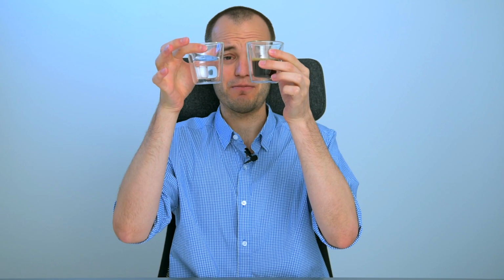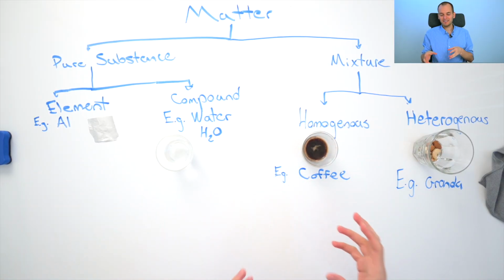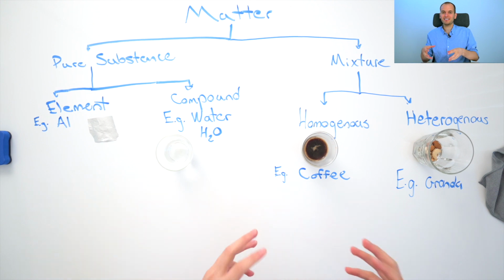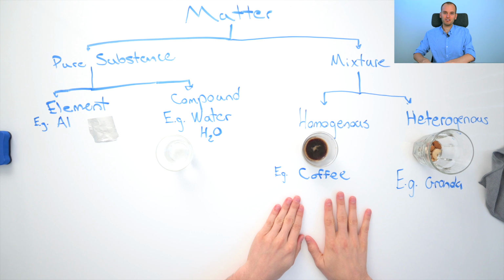Now you can see that because it doesn't look like water anymore. So you know that there's stuff in this water, and that stuff makes it no longer pure. So it is a mixture, but you can't see the different things in it. And because you can't see the different things in it, it is a homogeneous mixture.